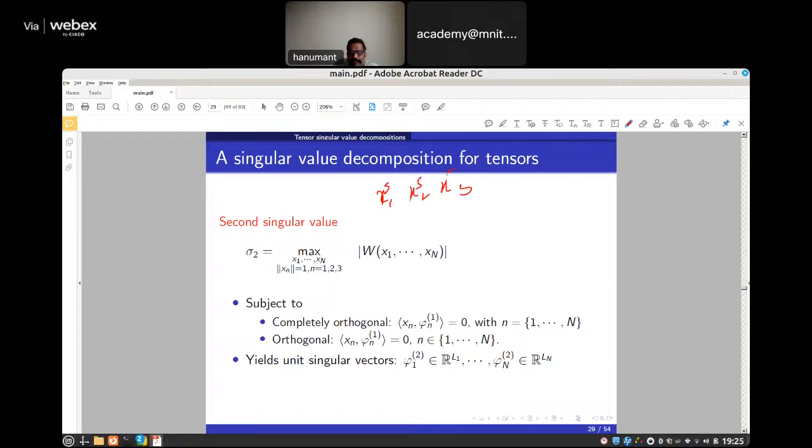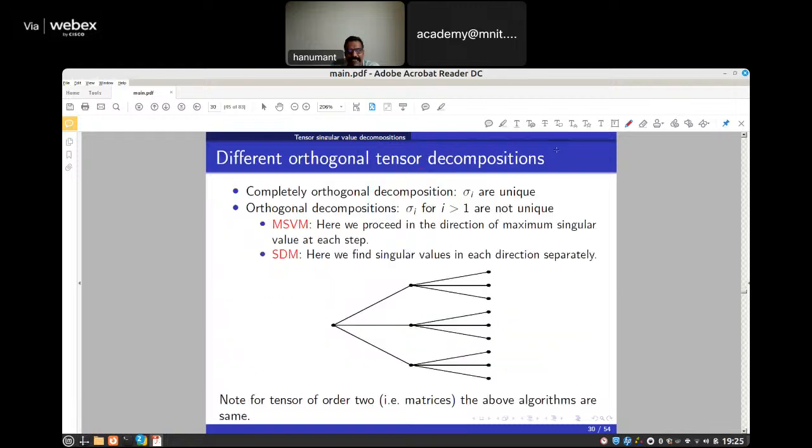Now I can go in a direction perpendicular to this, and perpendicular to that. All of them lead to different answers, with different singular values. So in the second step I have three different singular values, then in another step 3 times 3, which is 9, and it keeps rising exponentially. So there is no perfect way of doing this compression for tensors.